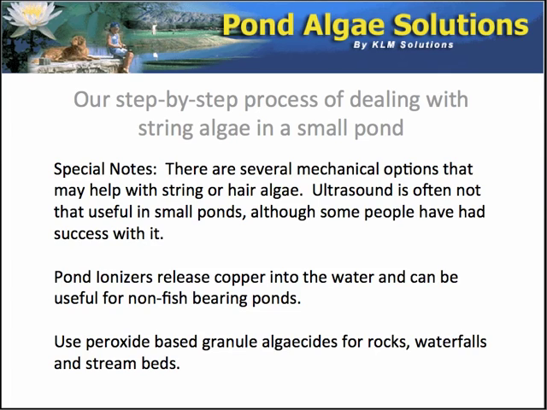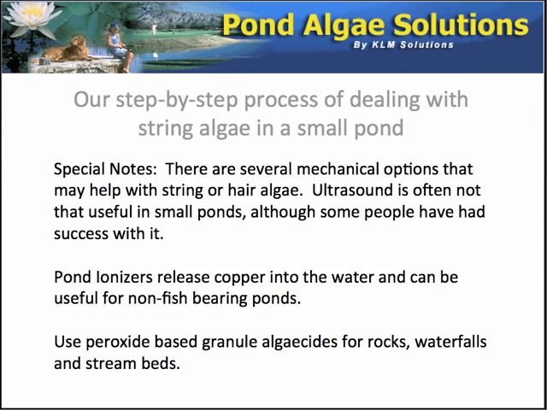Again, you'll hear of some people using them to good effect, but generally these ponds have very stable pH readings and chemical numbers, or I should say mineral numbers, and they can get by with that. But if your pH swings very much, the copper concentrations can fluctuate a great deal, and that can cause some major problems for fish. If you don't have fish or no plans to put fish in, let's say a fountain or estuary or something, then a pond ionizer may be a viable tool to use, and they're generally trouble-free.